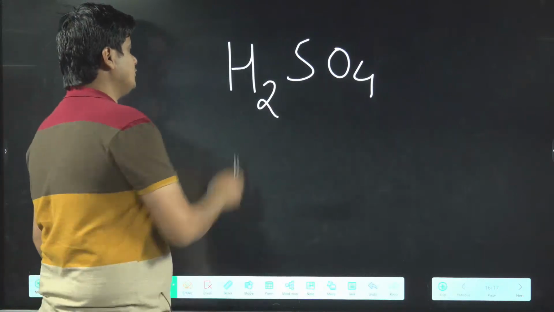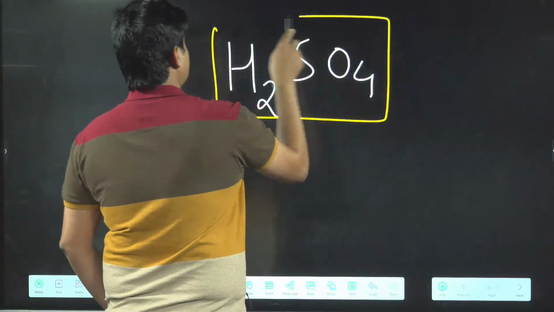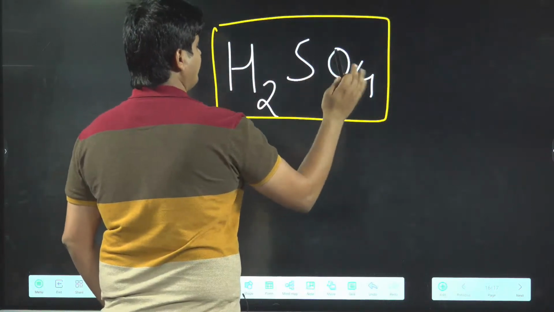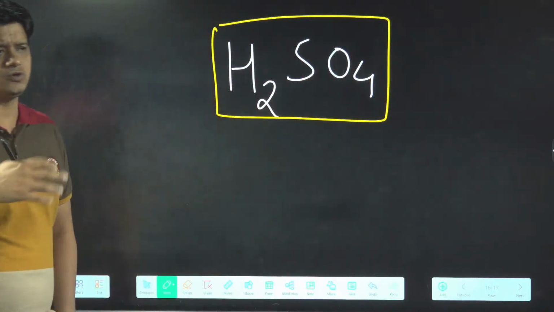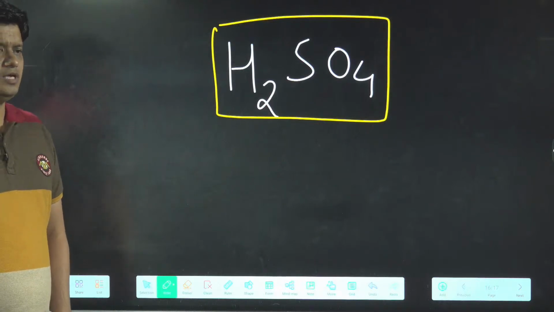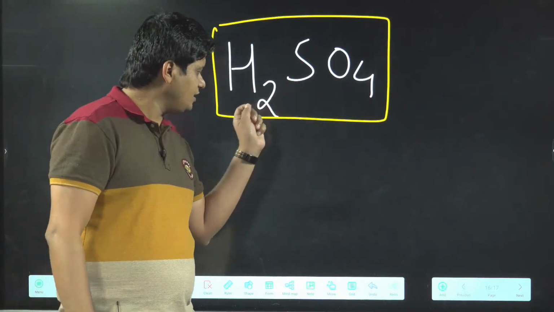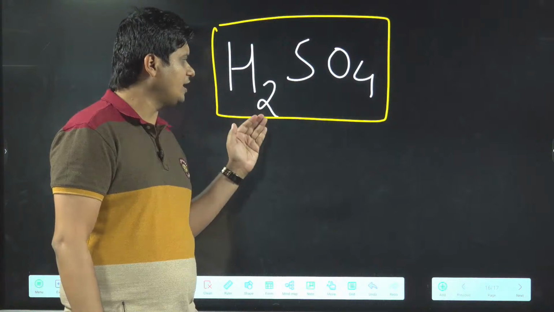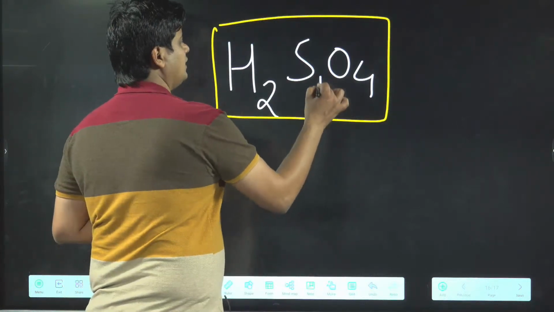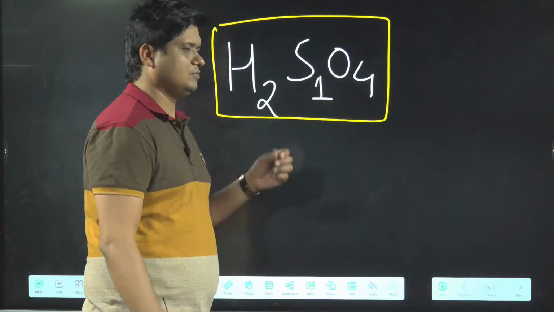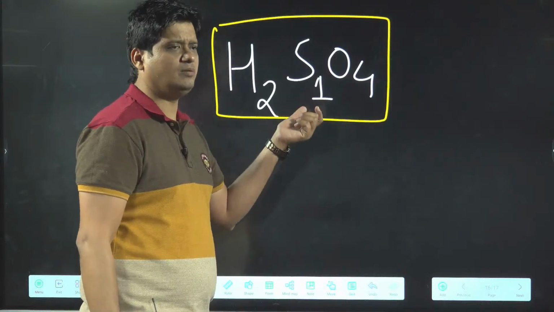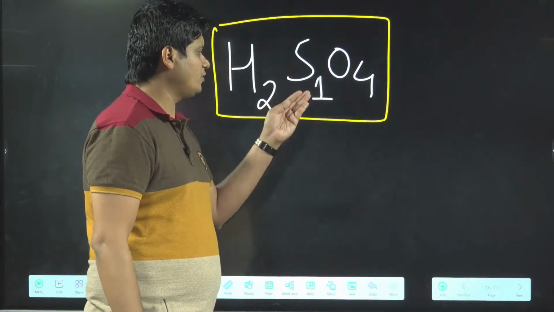In H2SO4, whenever you are solving the problem, you can count these given values like 2 for hydrogen. I can mention 1 here for sulfur. Obviously, it will not be mentioned in the formula, but you can consider it because there is one sulfur.